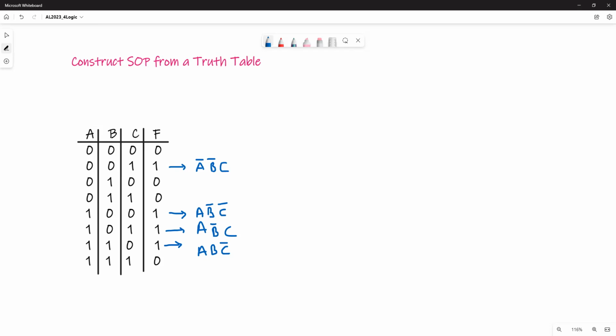If it is 0, we get the complement of the variable. For 001, since 0 means complement, we take A bar, B bar, C.